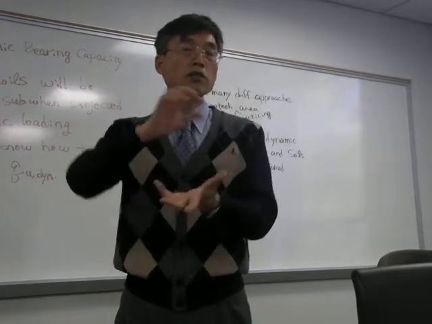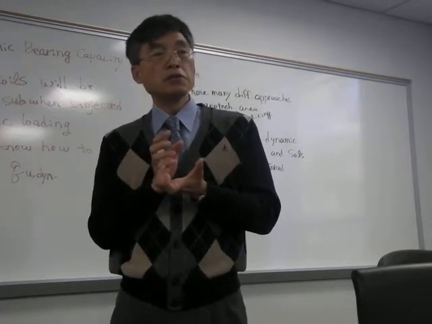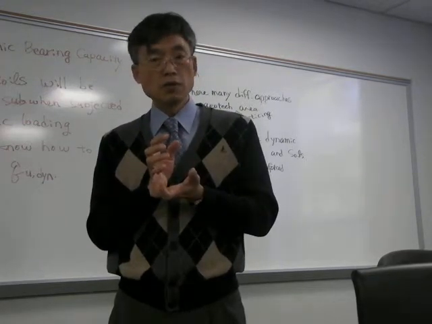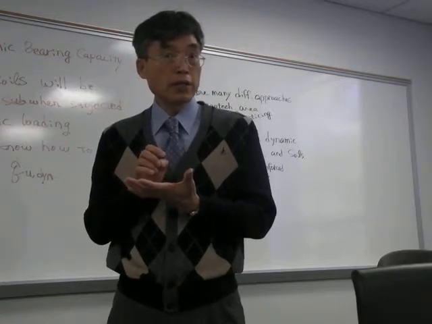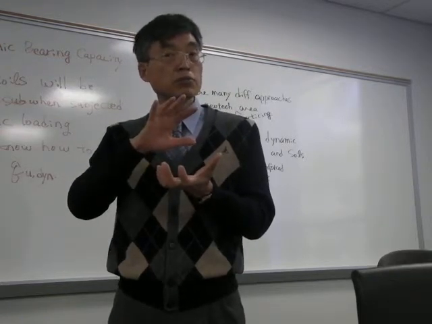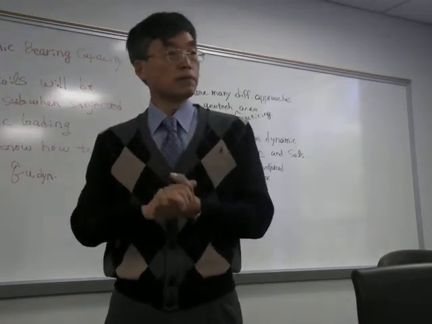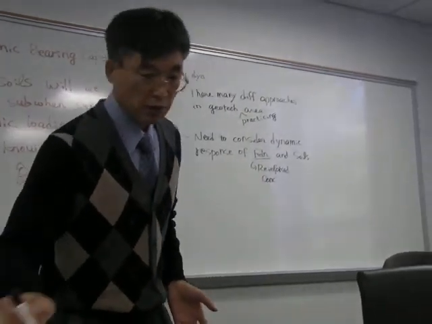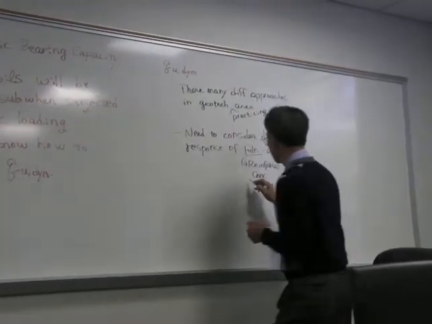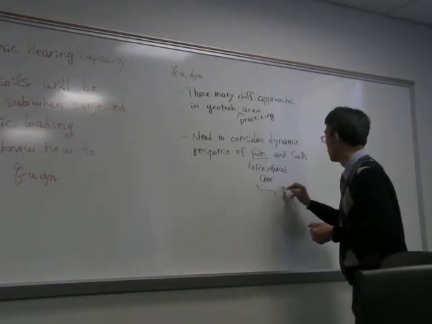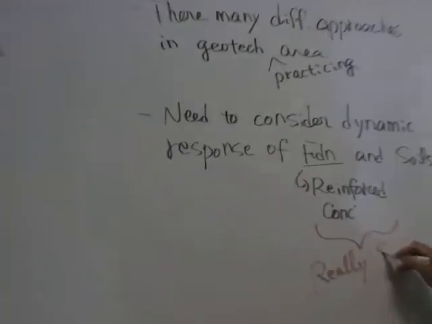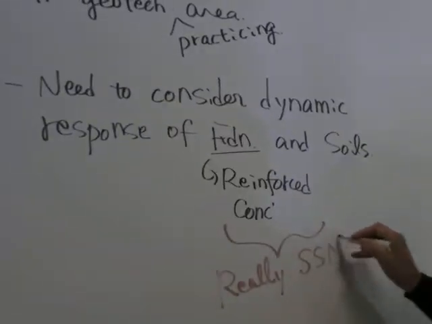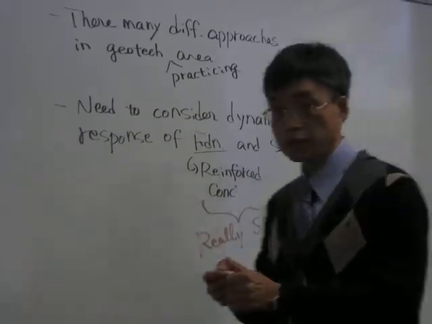So that kind of repeated calculation is usually almost impossible for hand calculation or just using the calculator, but that can be done using proper computer softwares. Okay? So I would say this one is really SSI, not SSN.